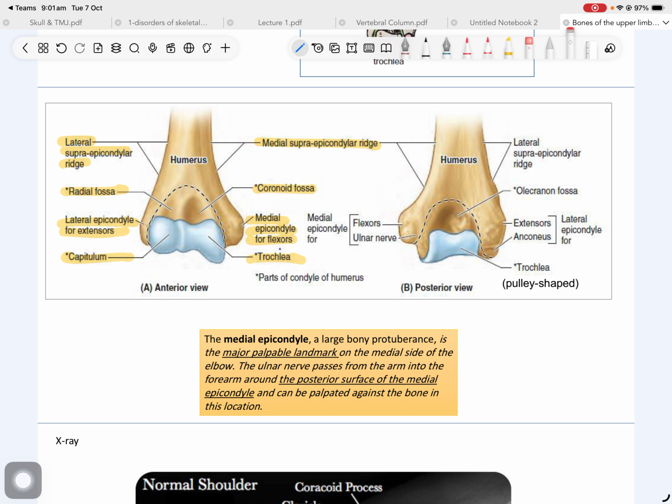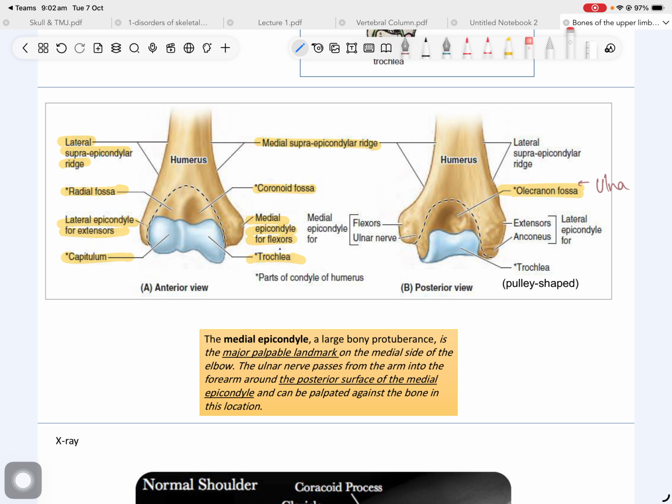So what about posteriorly? When I do extension like this, I have a process called the olecranon process of the ulna. It will come inside this fossa, so I call it the olecranon fossa. So posteriorly, I have only one large fossa for the olecranon process. Okay? So, what should I know at the distal end?